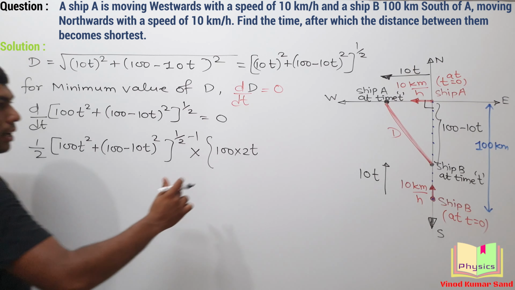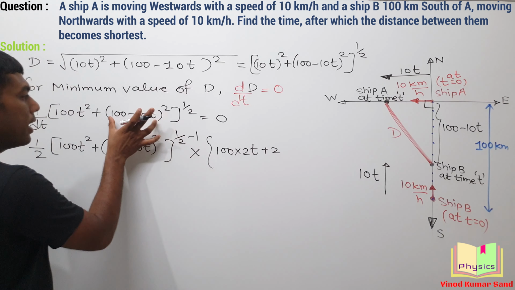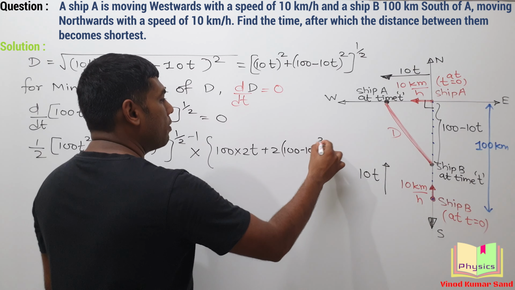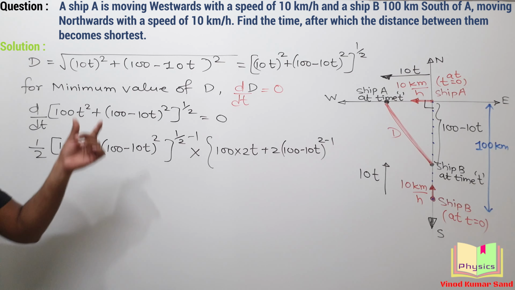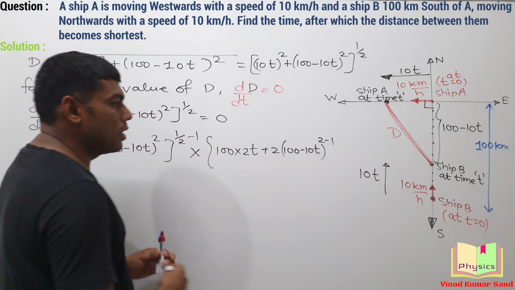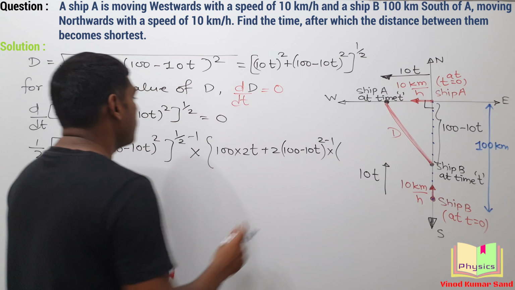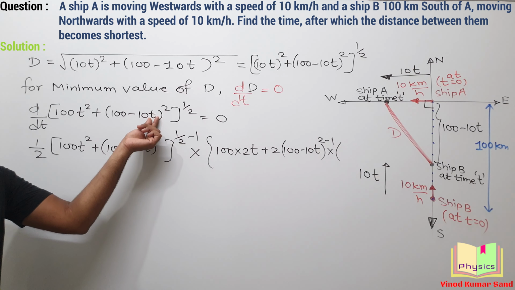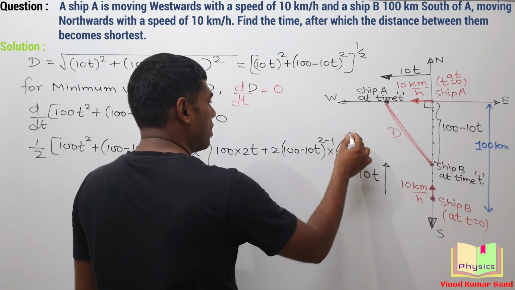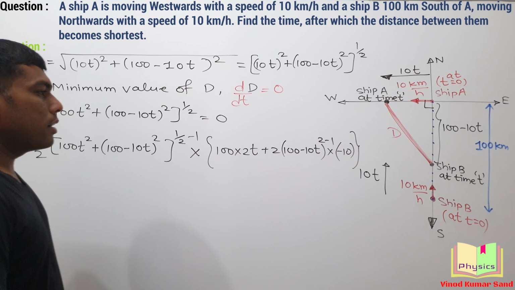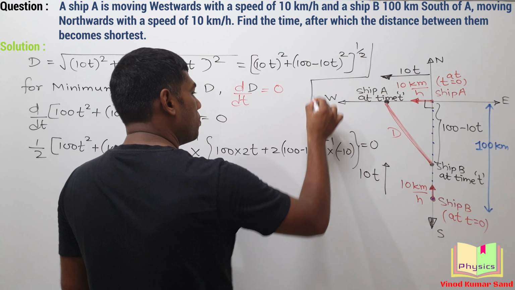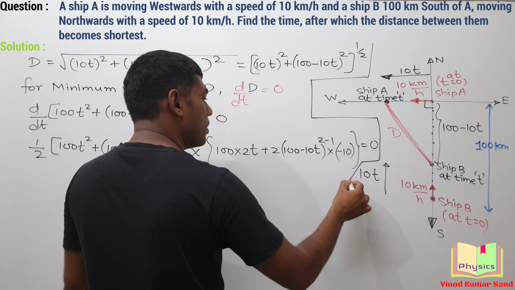Differentiating this power again, 2 comes here, and then this entire bracket (100 minus 10t) power 2 minus 1. Then differentiating the inside data, 100 is a constant so it gives 0, and differentiation of t becomes 1, and this minus 10 will be taken outside. And this entire computation should be equal to 0. You agree with this?